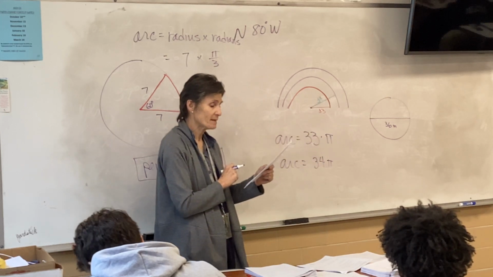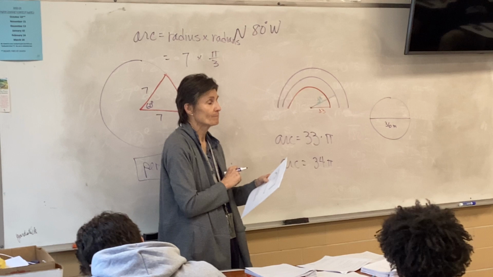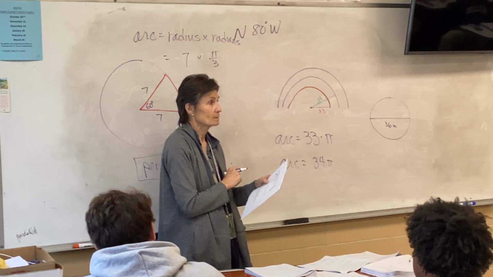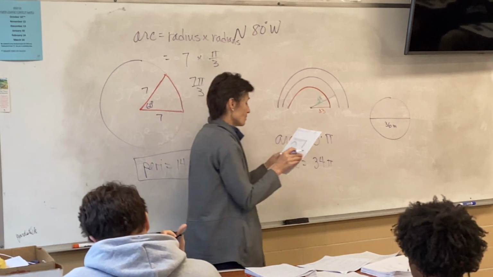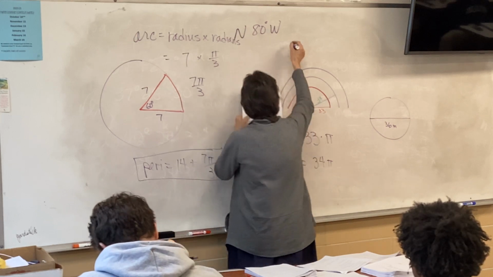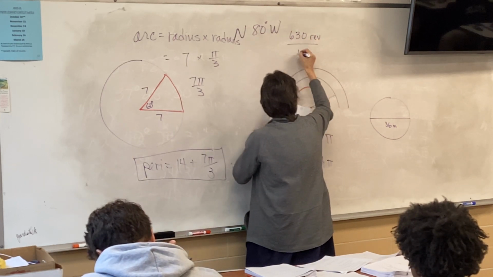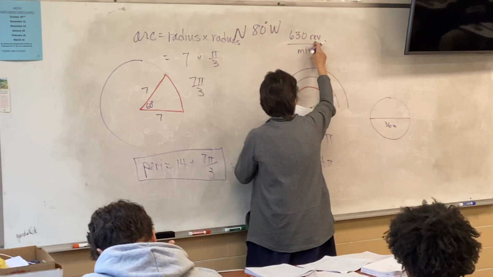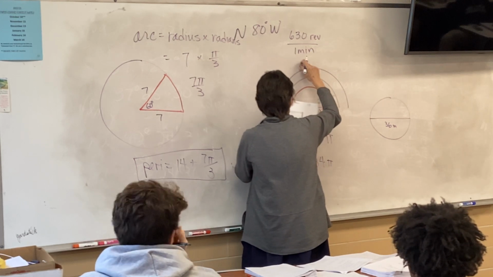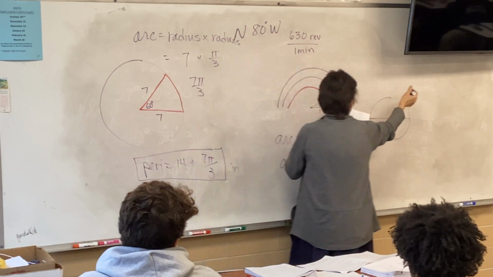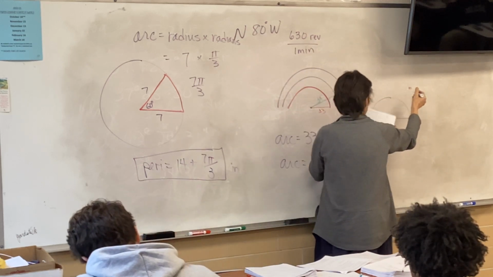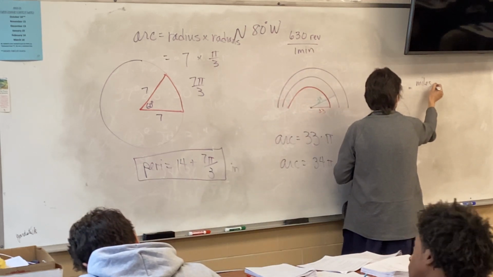Find the truck's speed in miles per hour. So remember doing these before? 630 revolutions per 1 minute. And we want to do something to that and eventually end up with miles per hour.